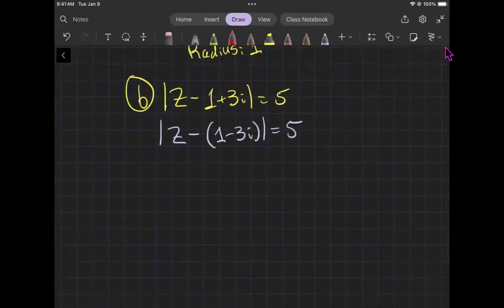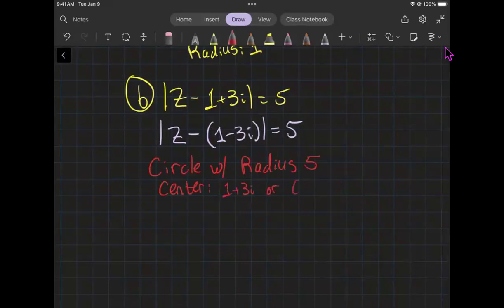So this is a circle with radius 5, and the center is at 1 plus 3i, or just the point (1, 3) in the complex plane.